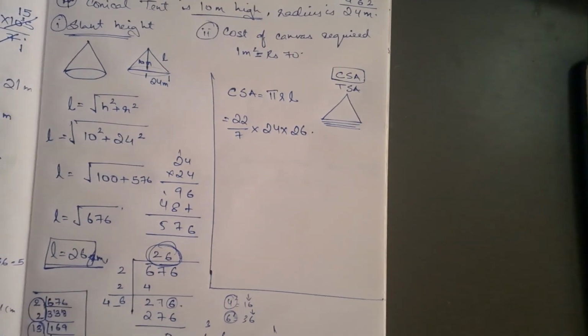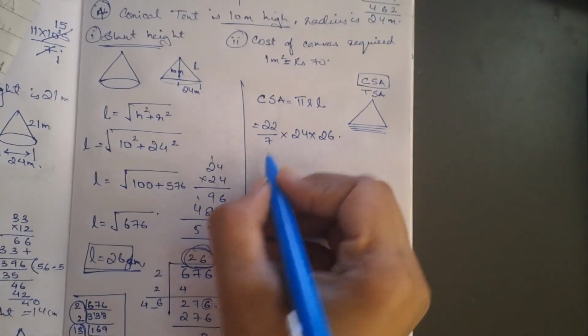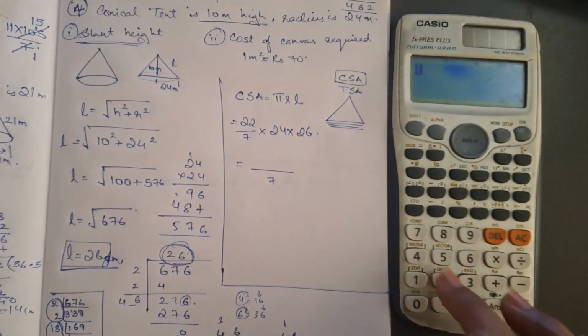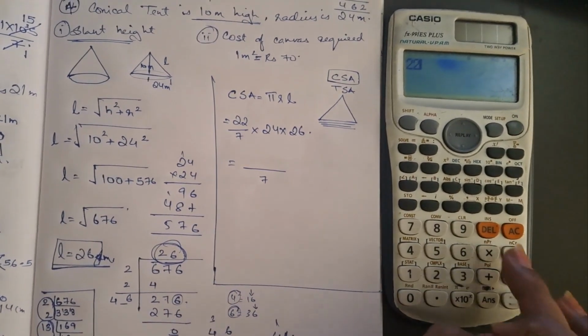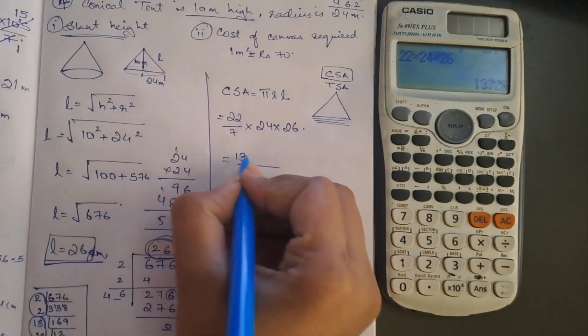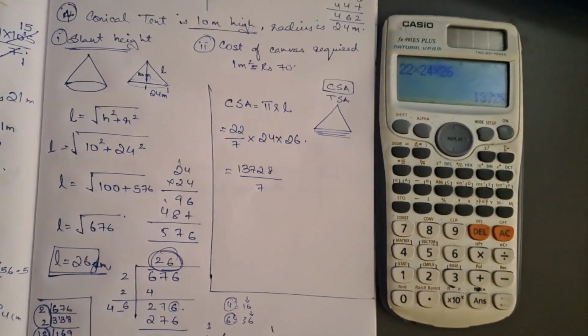Now here another issue. Nothing can be crossed out with the denominator. So multiply all of the numerator, that goes as 22 times 24 times 26. That's equal to 13728 divided by 7.